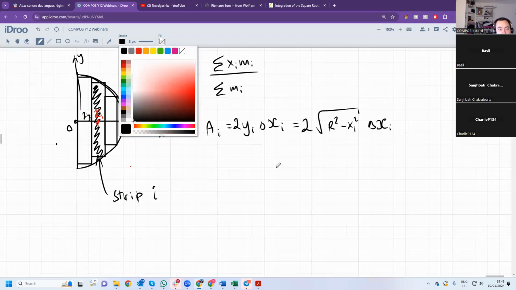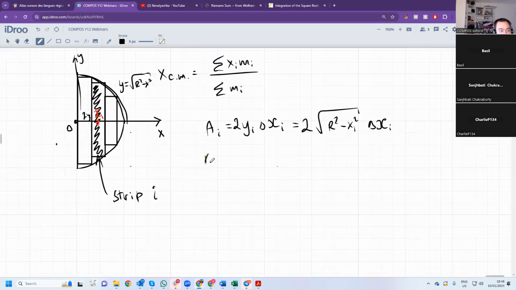Now, the mass of the strip is sigma multiplied by 2 square root of r squared minus xi squared, delta xi.